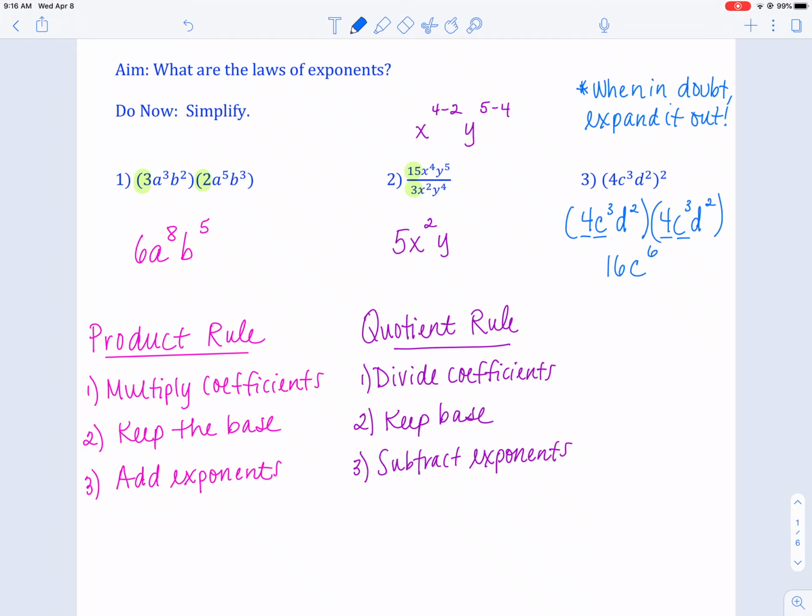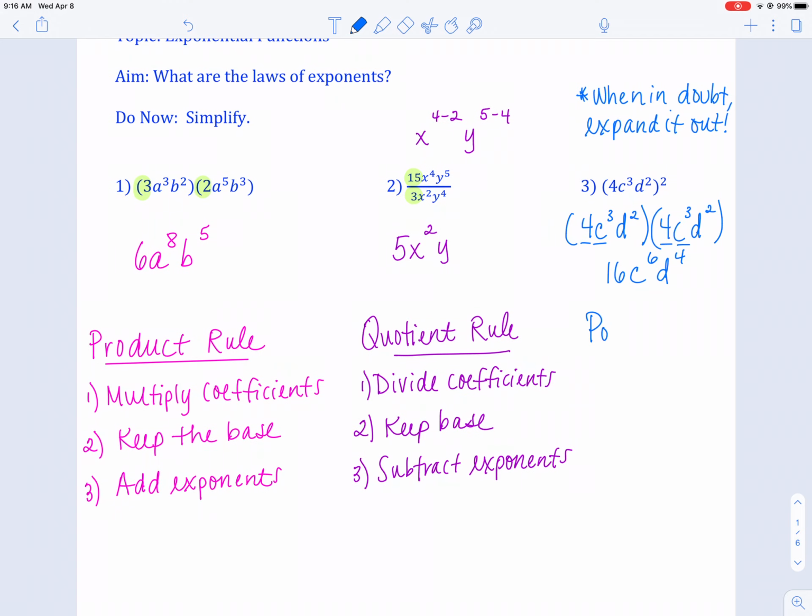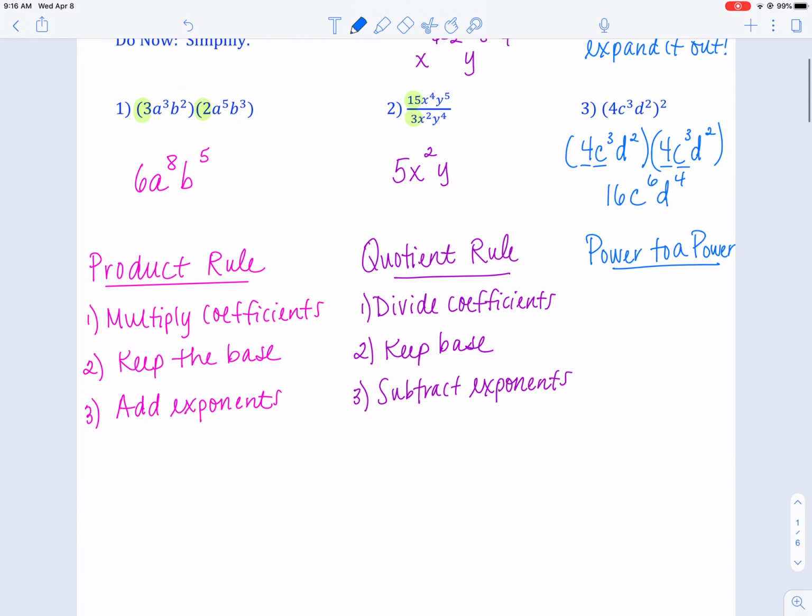But I want you to see one other option. Notice how else can you get 6 and 4 from the exponents of 3, 2, and 2? You could multiply. So this is called power to a power. And when you see that, you are actually allowed to multiply exponents. But what's the thing you have to remember?